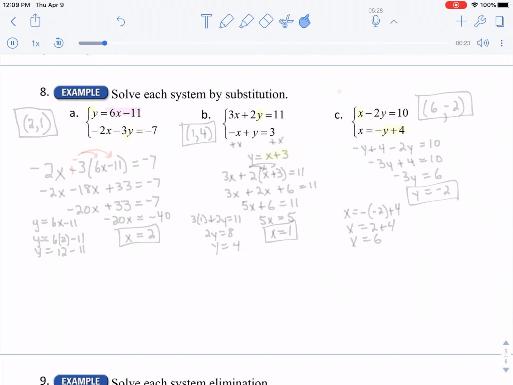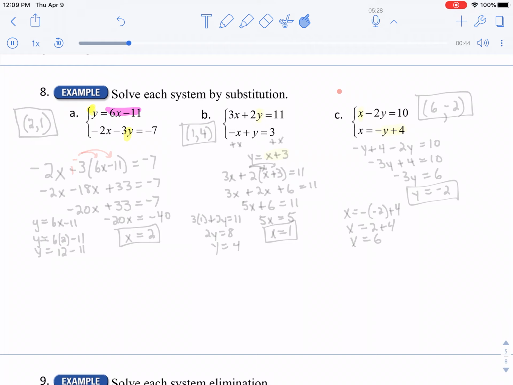If you look at this first equation, it says y equals 6x minus 11. Since y is equal to 6x minus 11, we're going to take that 6x minus 11 and take the y out of the second equation and replace it with what y is equal to.